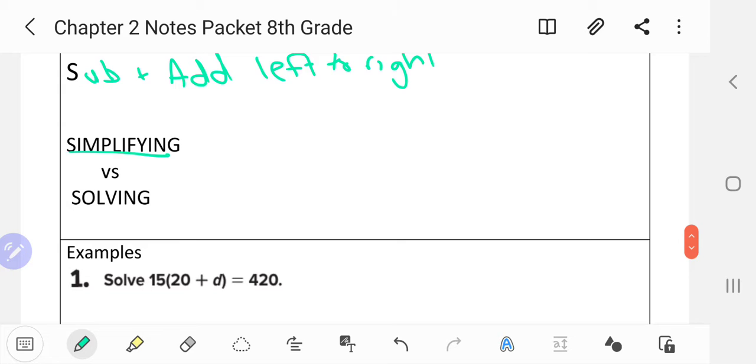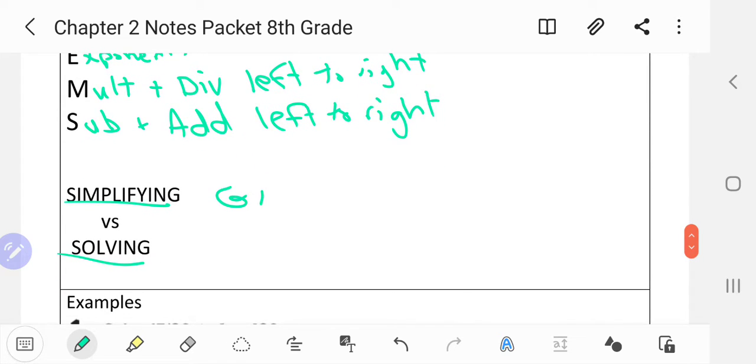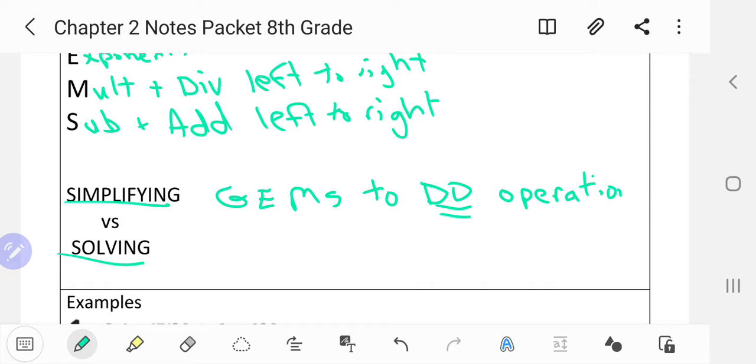Now, we have simplifying versus solving. Simplifying is like using GEMS to do operations, right?